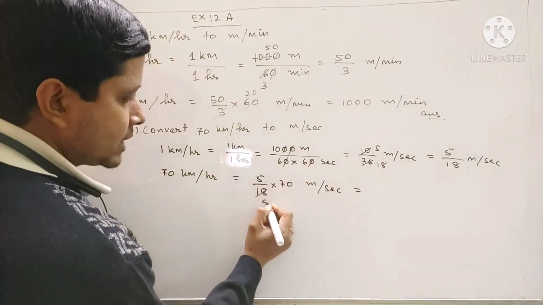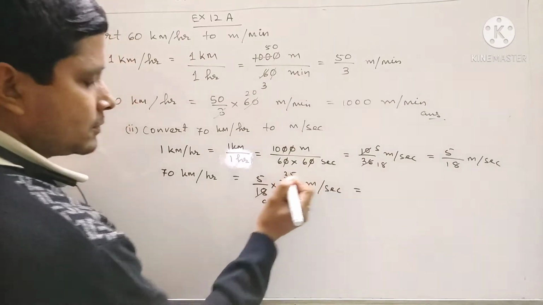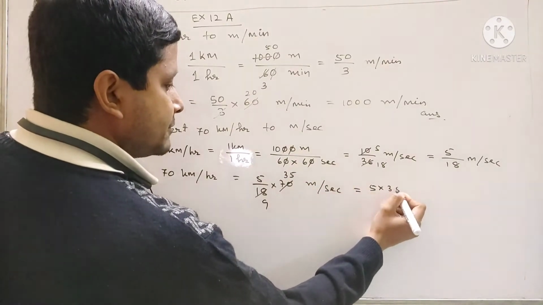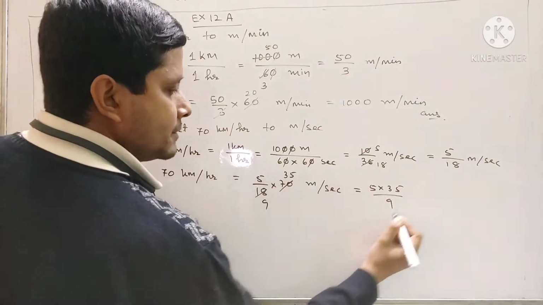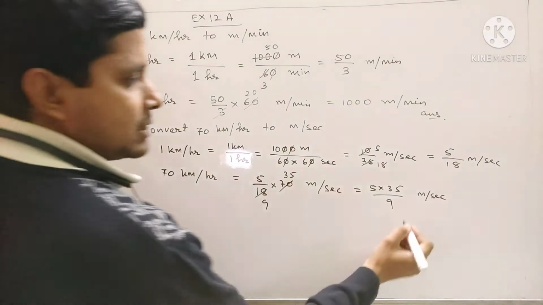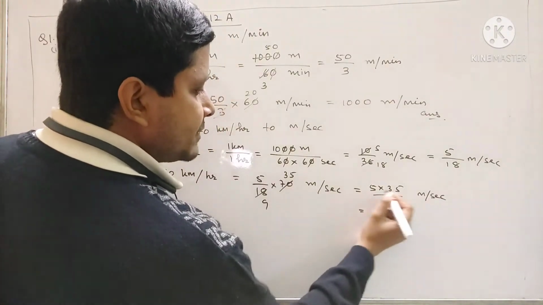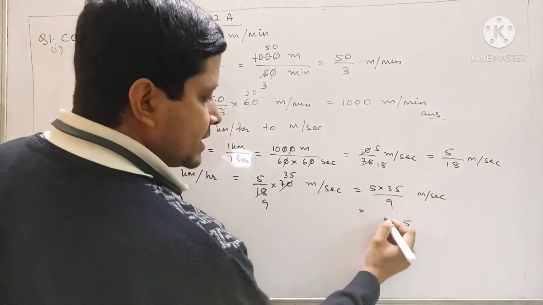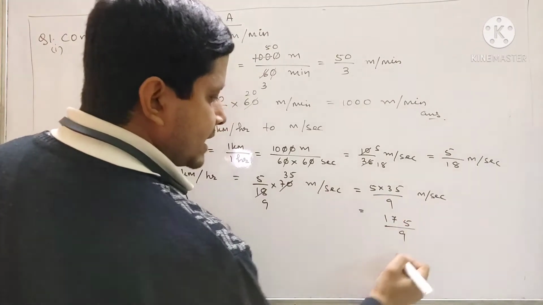It will go 2 9s are 18 and 2 35s are 70. So it has come 5 into 35 by 9 meter per second. So now we will solve it. 5 into 35: 5 5s are 25, remaining 2, and 5 3s are 15, so 175 by 9.